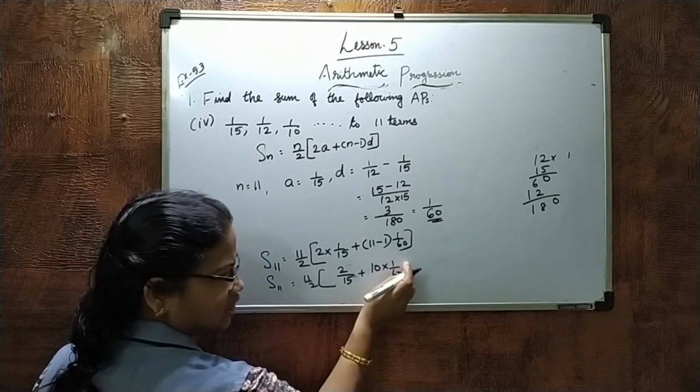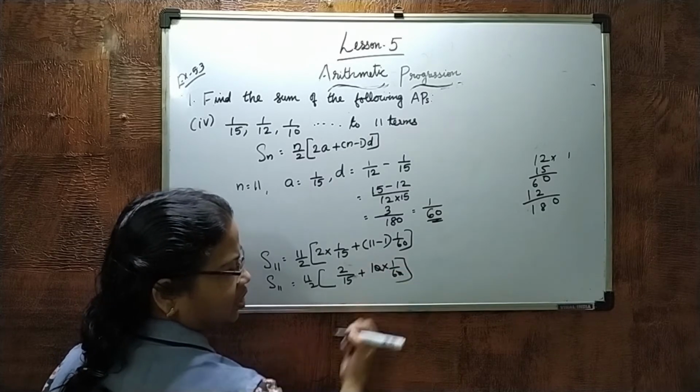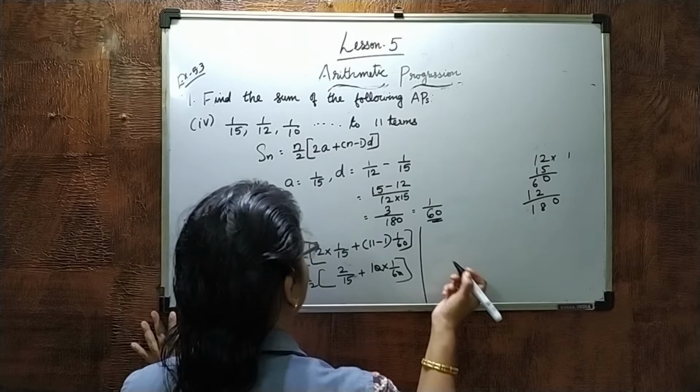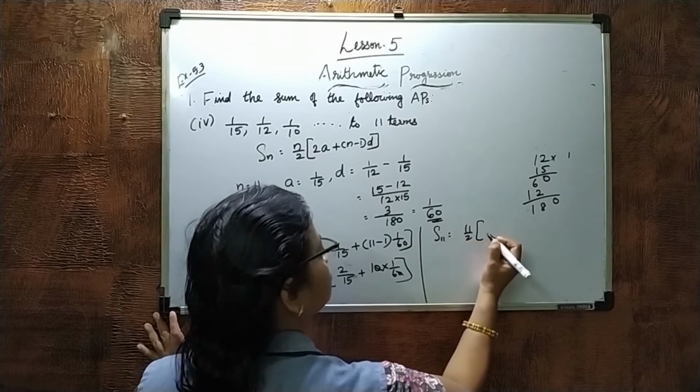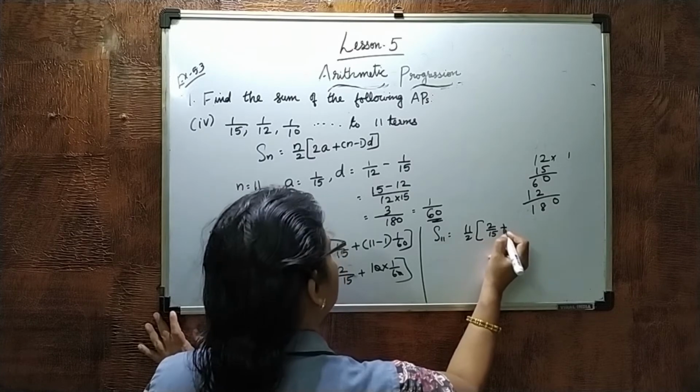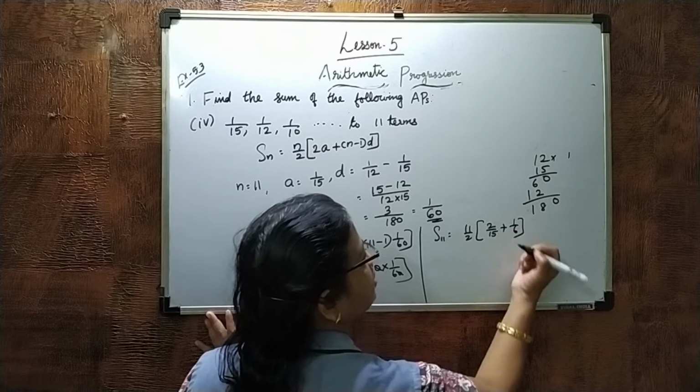Now look here, this is one family, it is multiplication, you can cancel this one, right? So S11 equals 11 by 2 into 2 by 15 plus this 1 by 6.